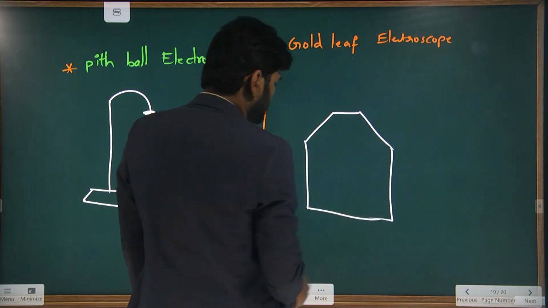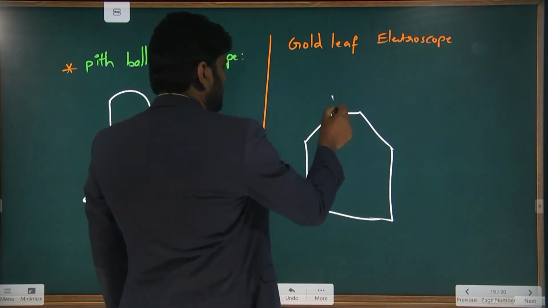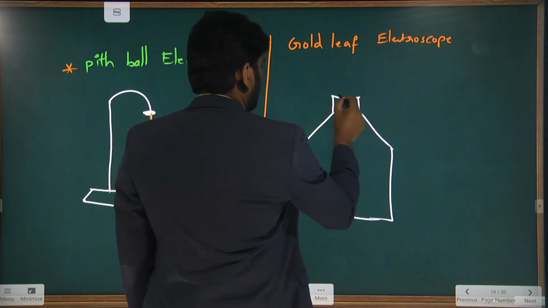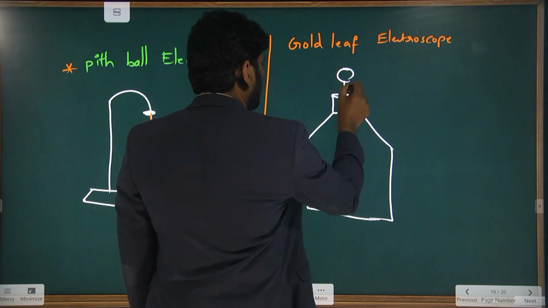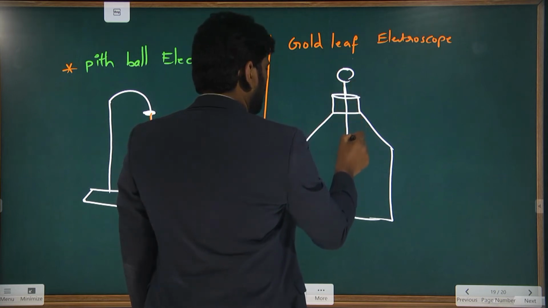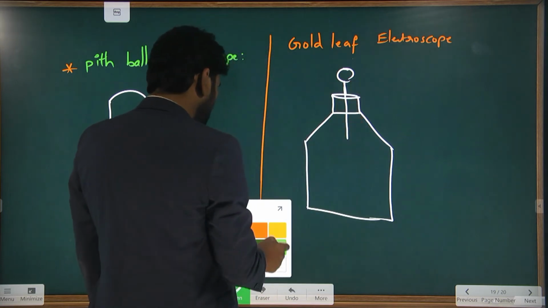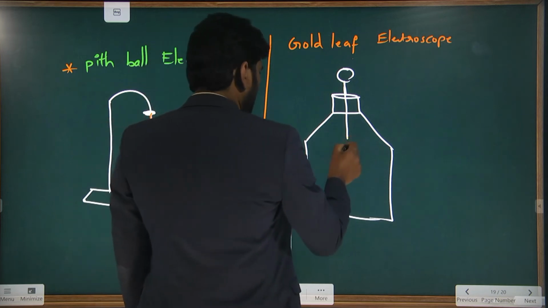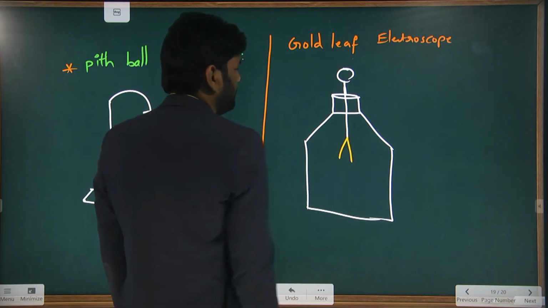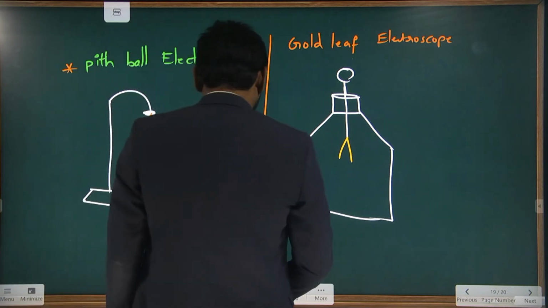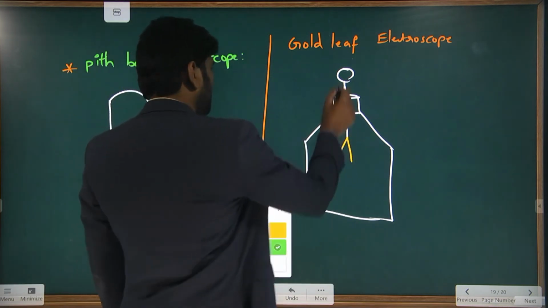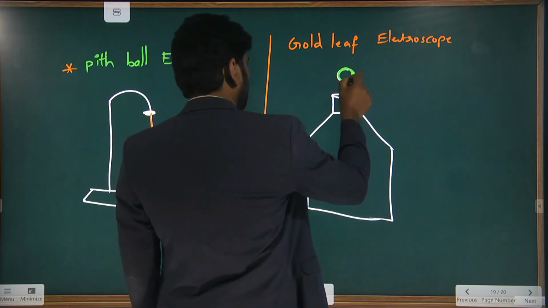This is a glass jar. This glass jar has a rubber cork, and from here you have a conducting rod. At the end of the conducting rod, you have gold leaves, and on top this is a metal conductor.